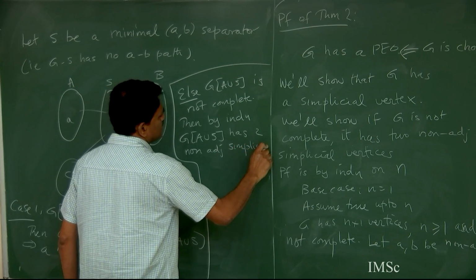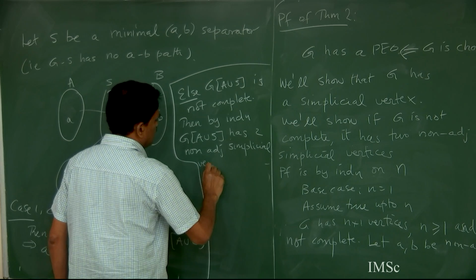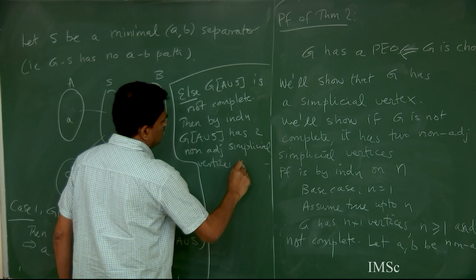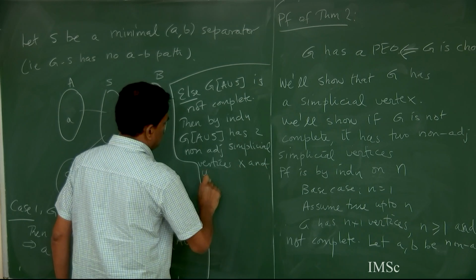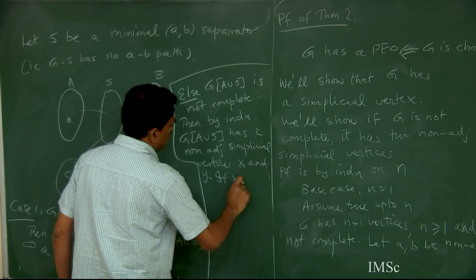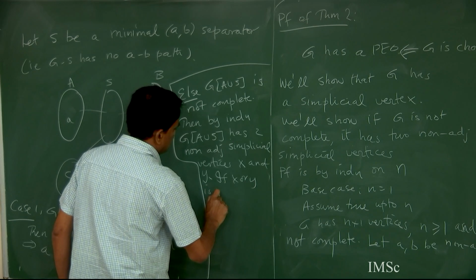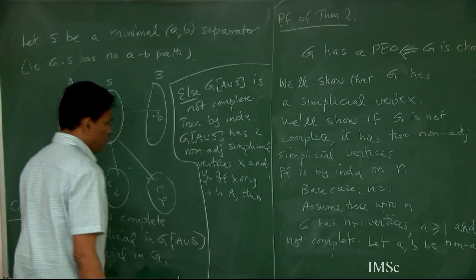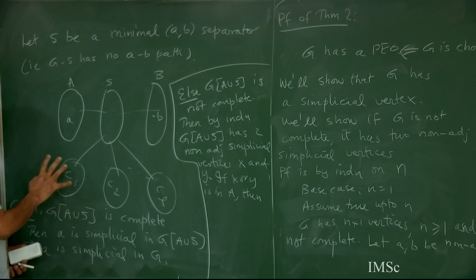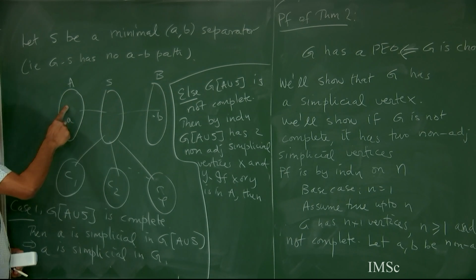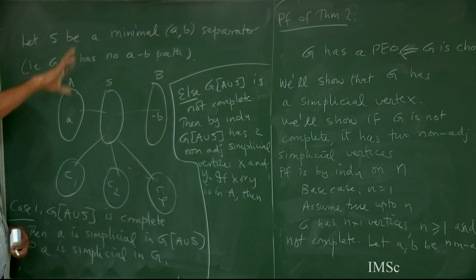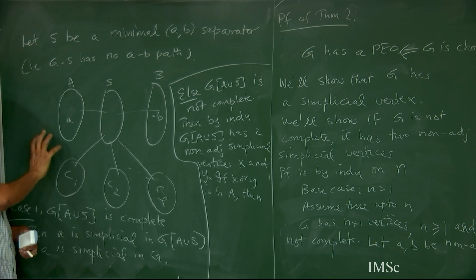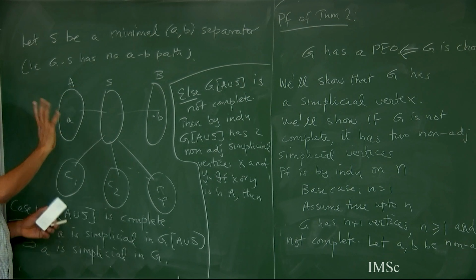The non-adjacent is not crucial yet. If x or y is in A, why am I done? Because anything simplicial in A union S, if it is sitting here, is simplicial in the whole graph, because this vertex has no neighbors elsewhere except in A and S.